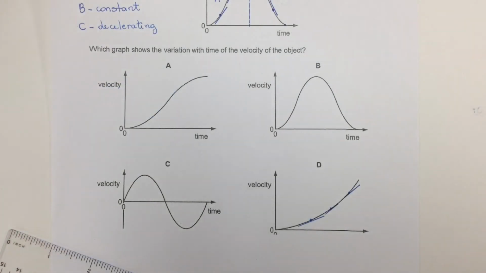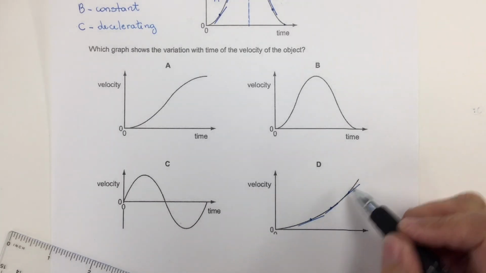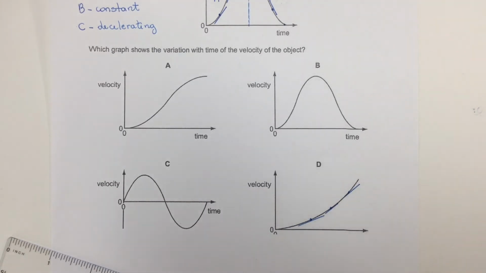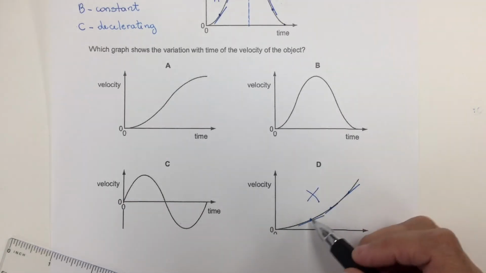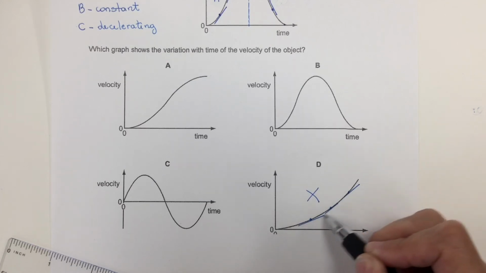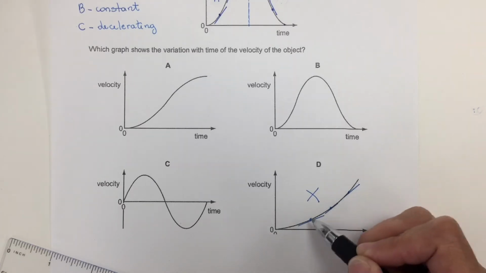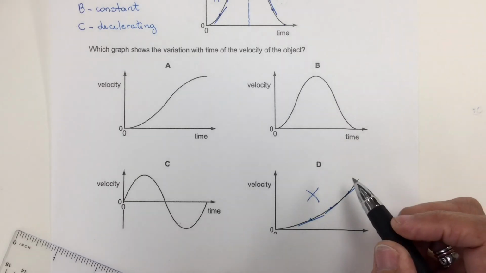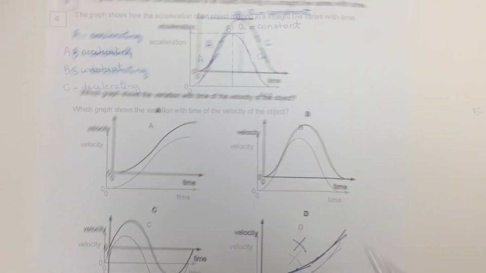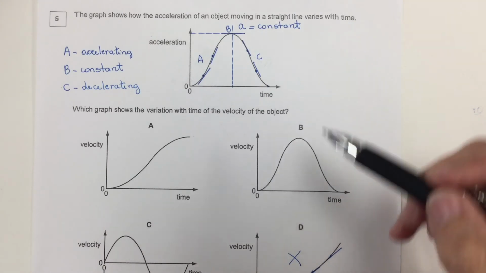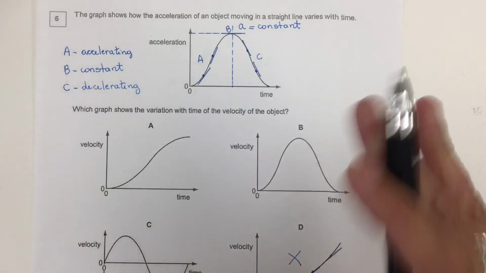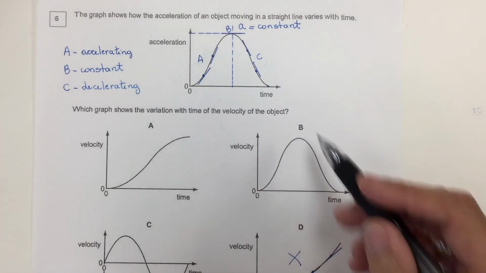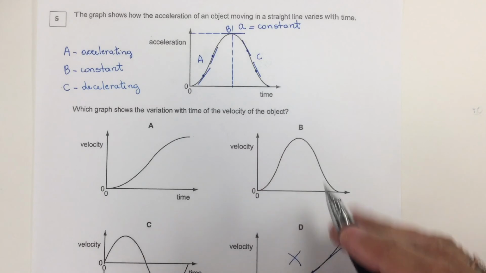So let me start by elimination. Graph D shows a curve with no transition, so that's a flag that it's not the one. Let's eliminate this. It also indicates that the entire time the object is accelerating. Option B: we should expect something different from the original graph, and this is exactly the same, so I'm not even going to describe what's going on here, because there is no sense.